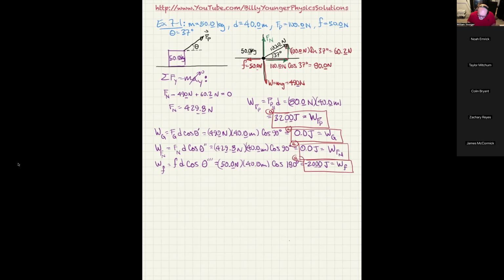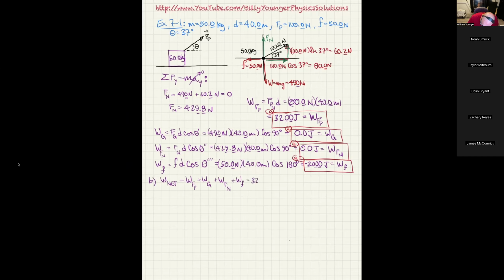Now for part B, what we want is W net. W net would be W due to FP plus W due to gravity plus W due to the normal force plus W due to the friction force.